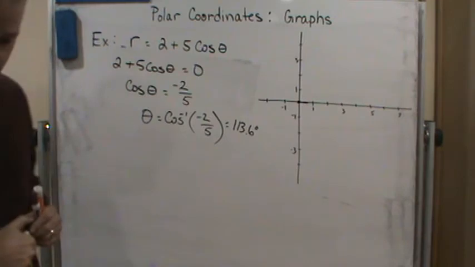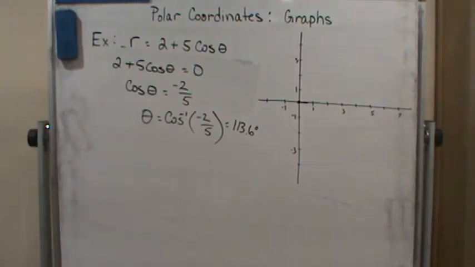Now, is that the only place it's going to be 0? No, because it's going to cross at more than one angle. Let's see here. Is there anything else?